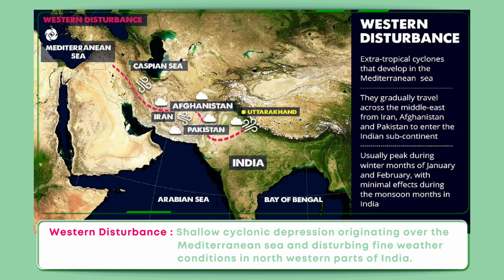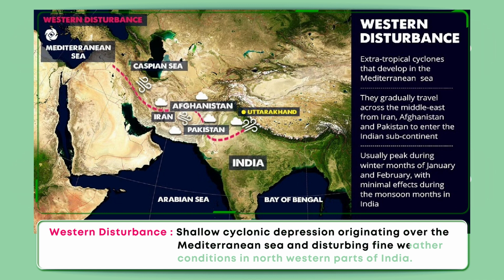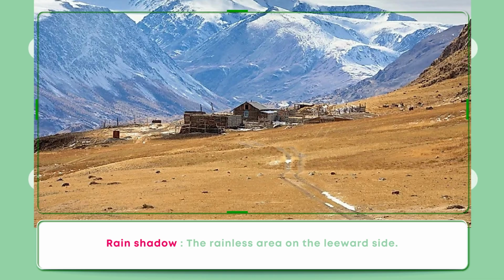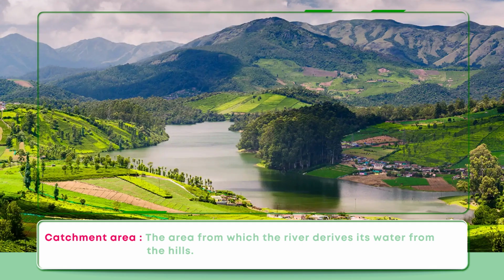Western disturbance. Shallow cyclonic depression originating over the Mediterranean Sea and disturbing fine weather conditions in northwestern parts of India. Rain shadow. The rainless area on the leeward side. Catchment area. The area from which the river derives its water from the hills.